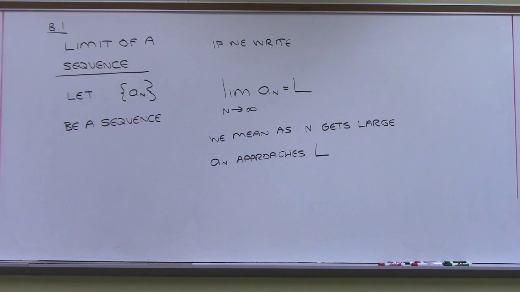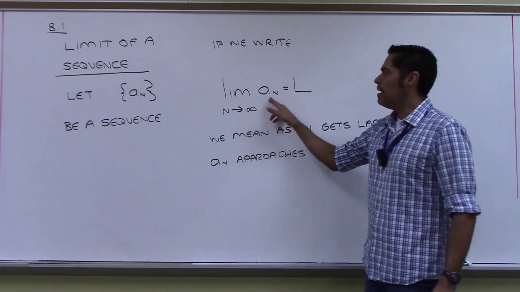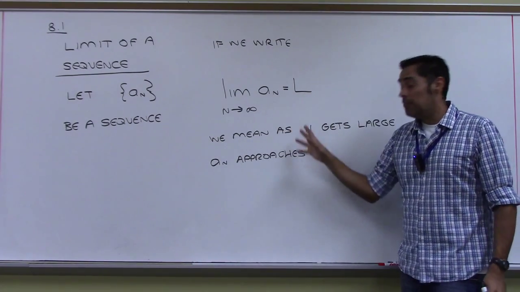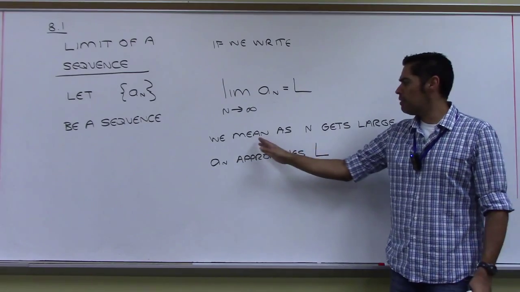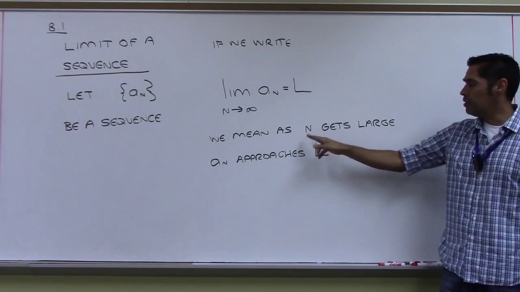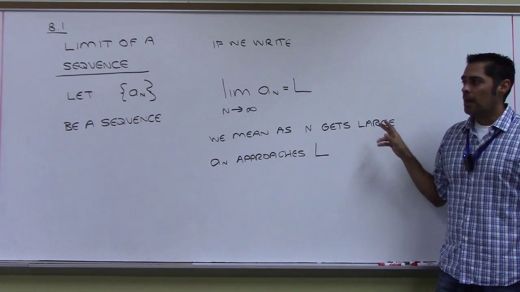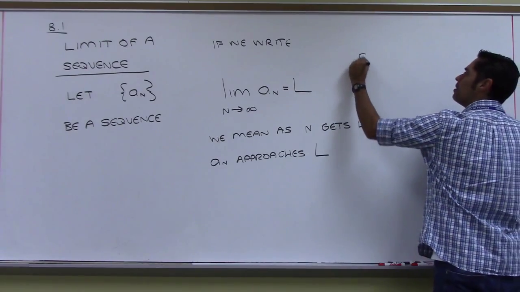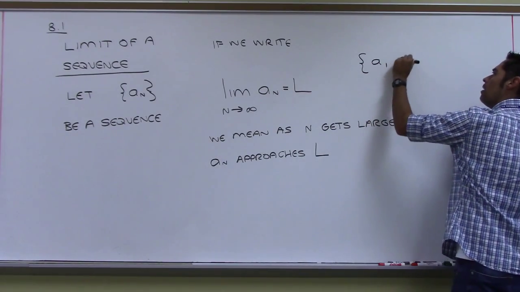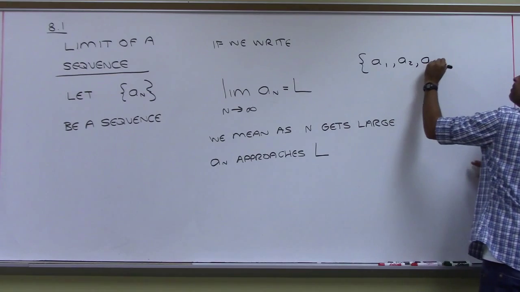We're going to write down the limit as n goes to infinity of a sub n equals L. What we mean by this is that if you go further and further out into the sequence, if you let n get larger, and remember the sequence is just a number followed by another number followed by another number.